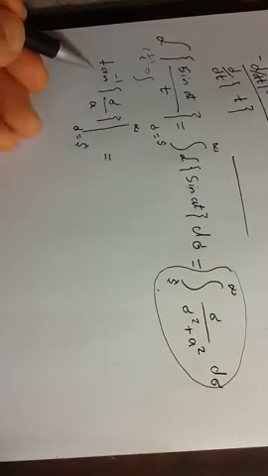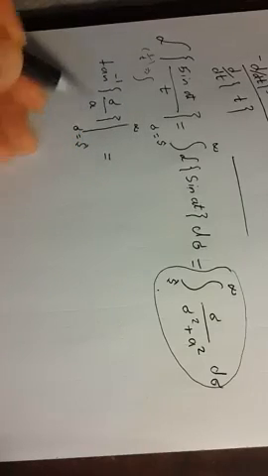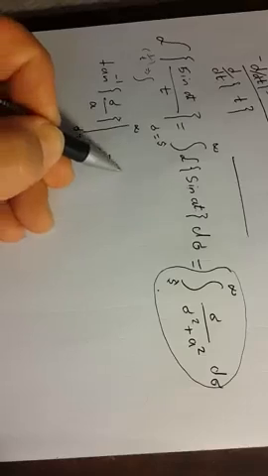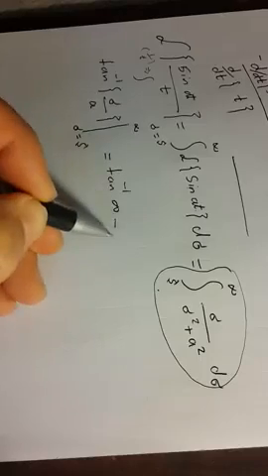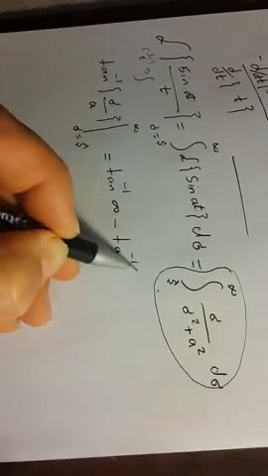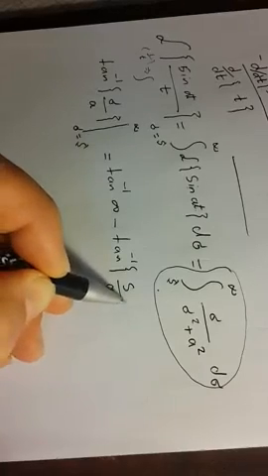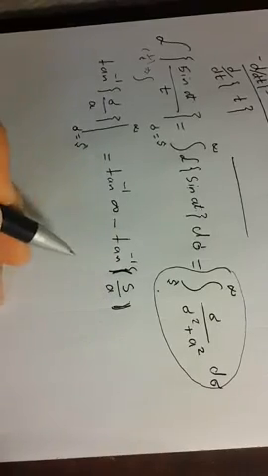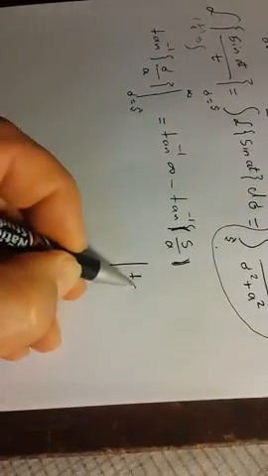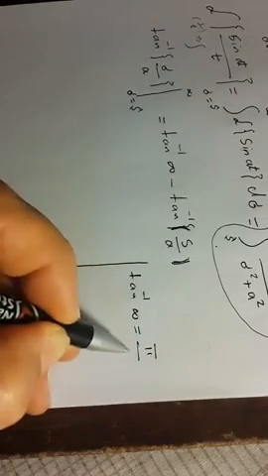Now we apply the limits: tan inverse of infinity minus tan inverse of s over a. Remember that tan inverse of infinity equals pi over 2.